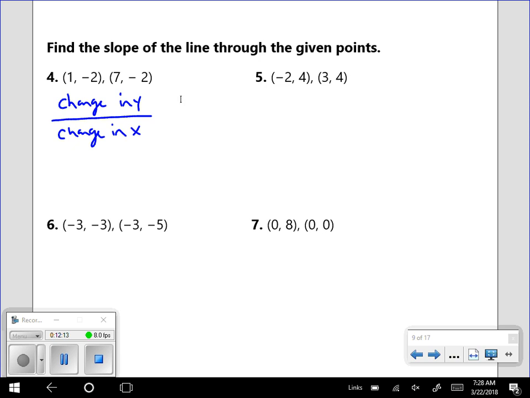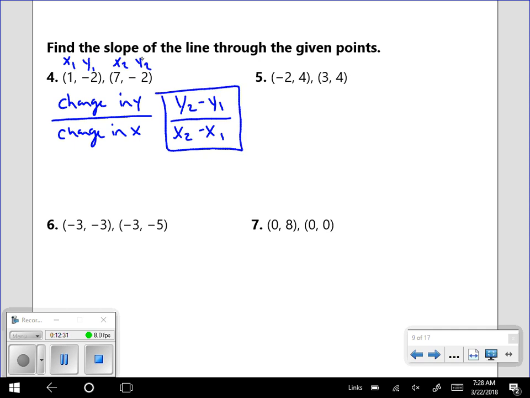The change in y's is also represented, as we wrote on the first slide, as y2 minus y1 over x2 minus x1. So what we have here is x1, y1 and x2, y2. So we could use this formula, plug in our numbers, and find the slope that way.